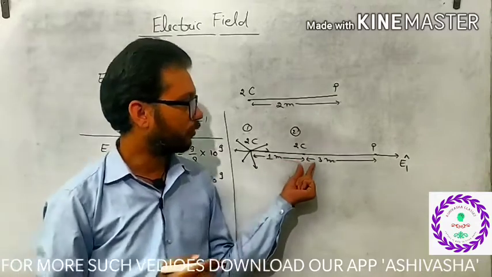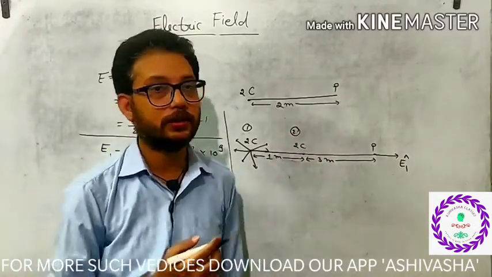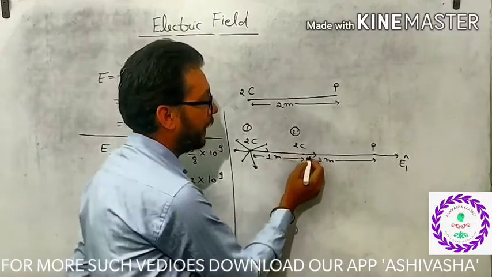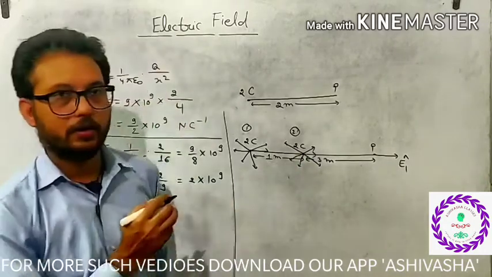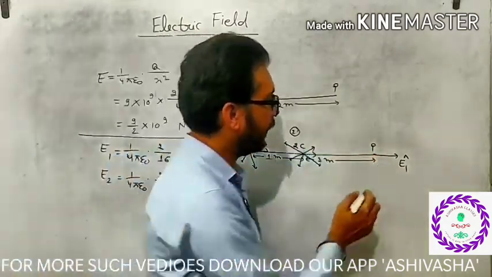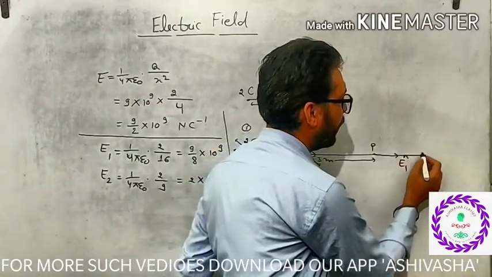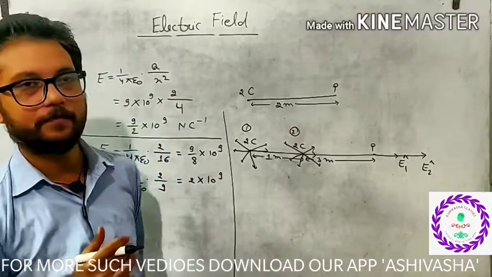Now if we talk about the charge 2C, the second charge, this is also a positive charge. So it also has an electric field radially outward, like this way. So for the point P, the direction of electric field is again along the same line, this is the direction of electric field.